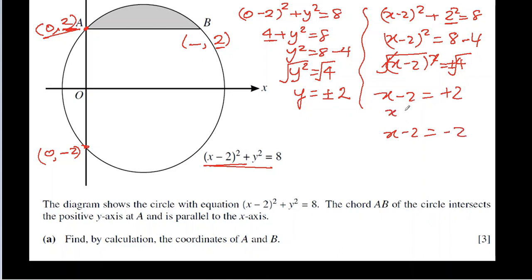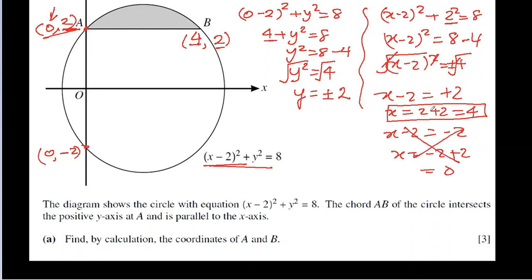So let's see what it gives us. x equals 2 + 2, equal to 4. This x coordinate is 4. Obviously this is the one. The other one will be x equal to -2 + 2, which is 0, and we already knew this 0. So this is of no use to us, but the other one is. We got the coordinates of A and B both.